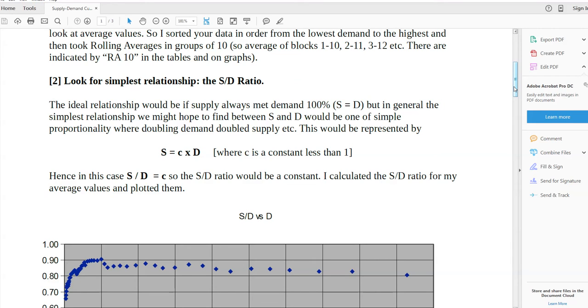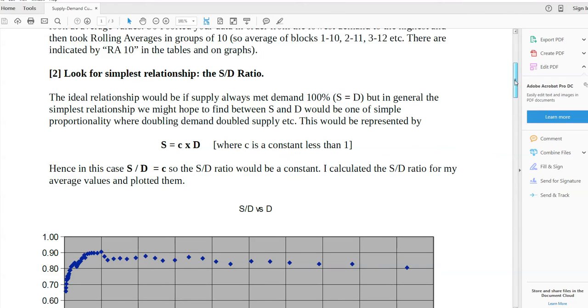So the very simplest model you could have of the relationship between supply and demand is that supply increases proportionally to demand. So supply is some constant times demand, where ideally C would be 1, but in practice is likely to be less than 1. So if that simple model were true, then the supply-demand ratio would be a constant, equal to this C.